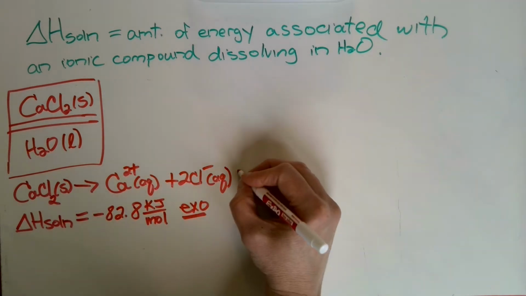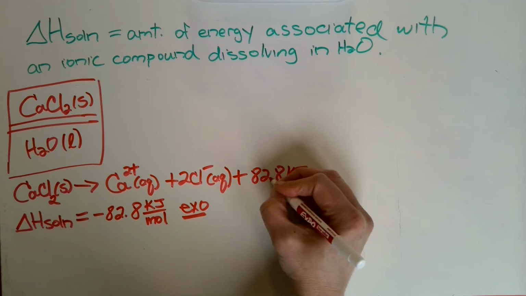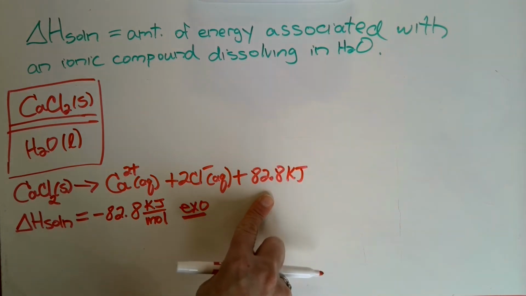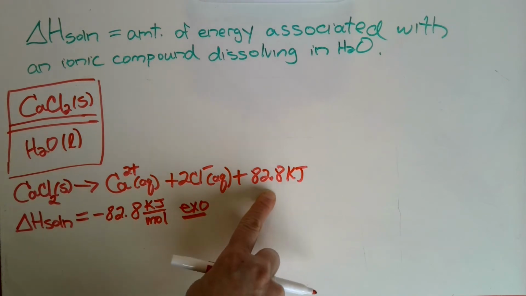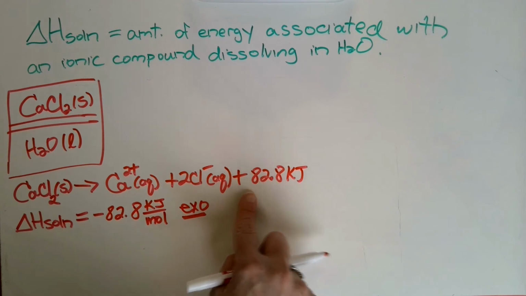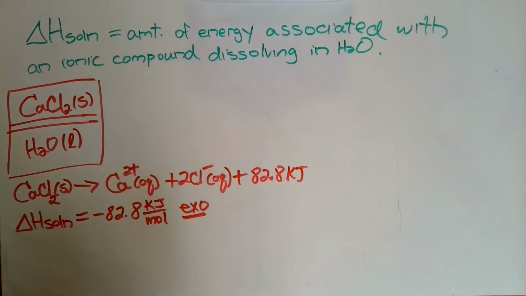Sometimes this could be written with the actual heat on the product side, so the 82.8 kilojoules is written as a product because it's giving off energy. This is one example of an ionic compound going into solution and giving off heat.